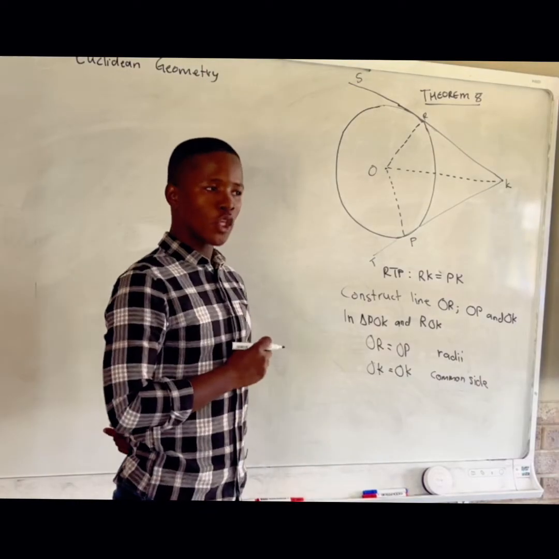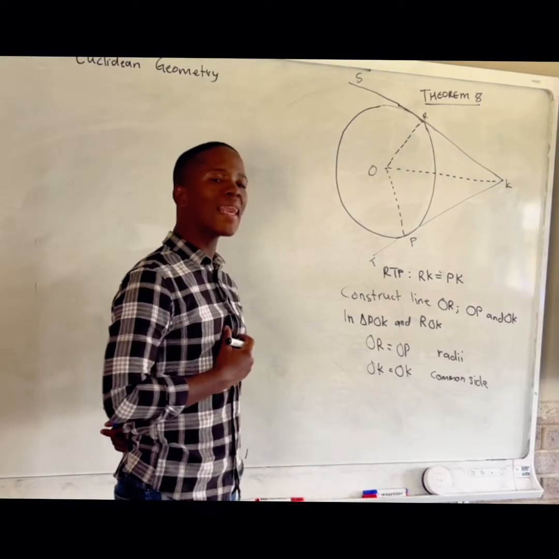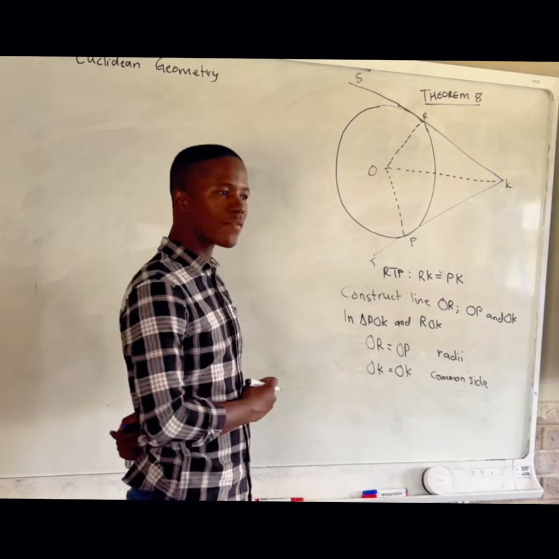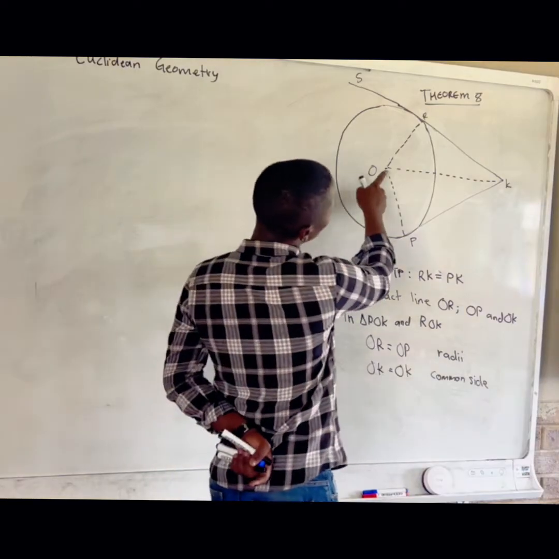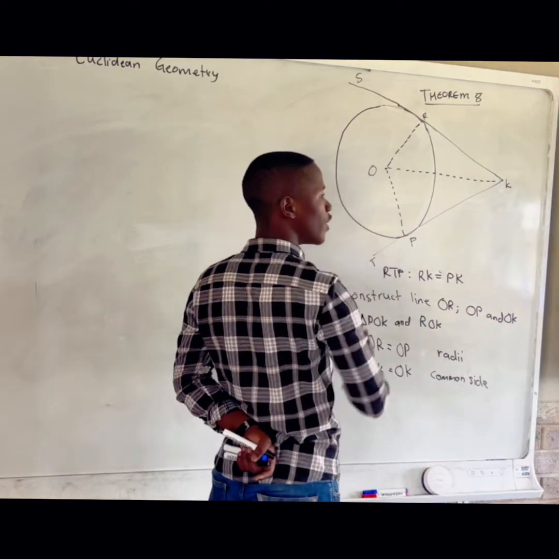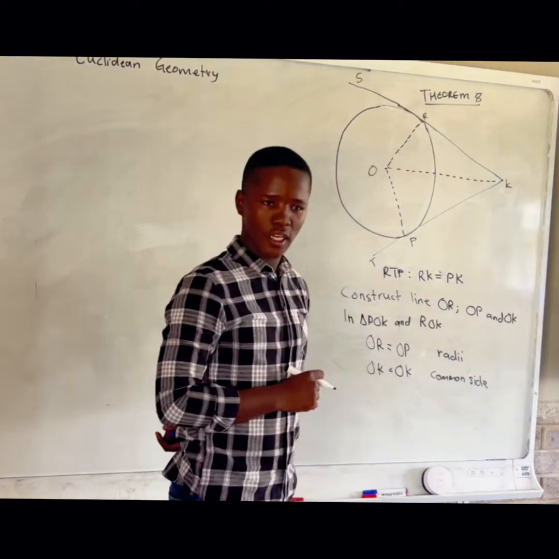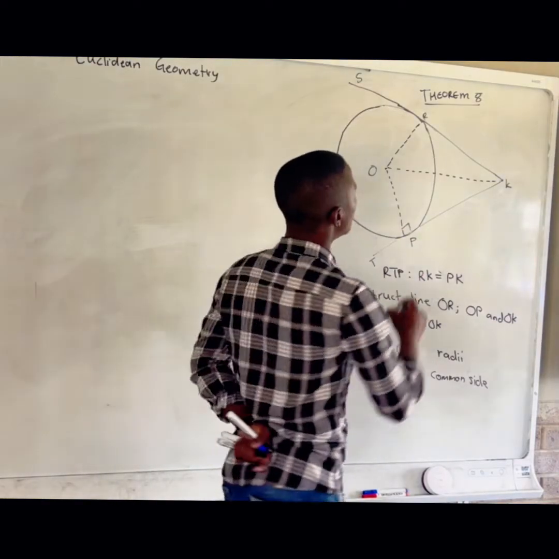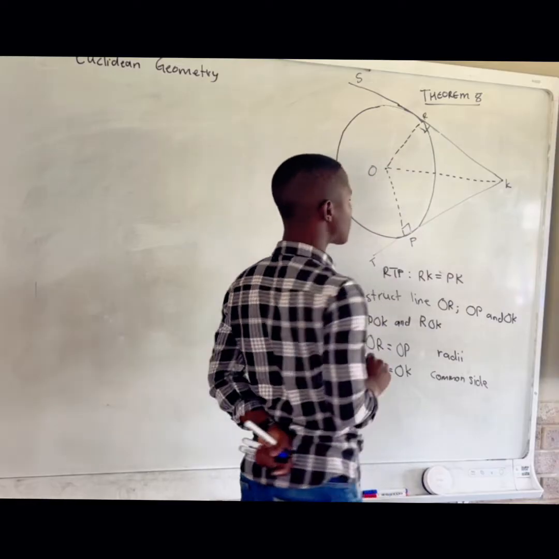And now from here, you are going to apply Theorem 7. Theorem 7 states that a line drawn from the center perpendicular to the tangent forms 90 degrees here.